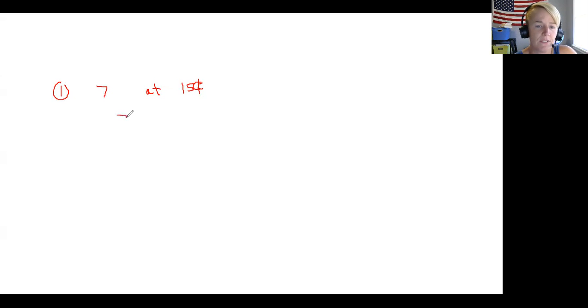Now, this is the only place that it could be tricky: 15 cents needs to be represented appropriately. So we need to represent it as 0.15. You can either put 7 and a raised dot 0.15, or you could put 7 and 0.15 in parentheses. That's your 15 cents, okay? So make sure that you convert your cents over to dollars.